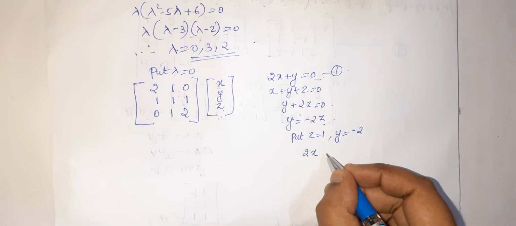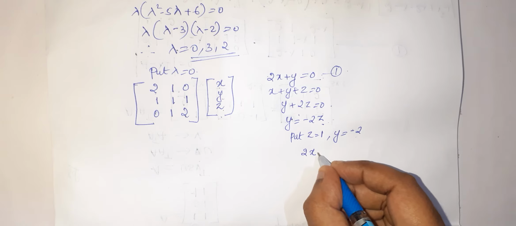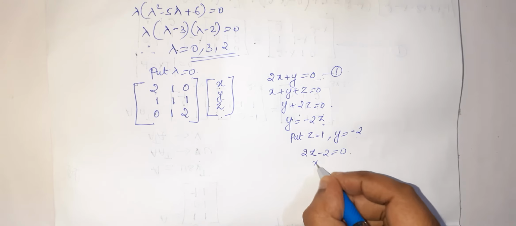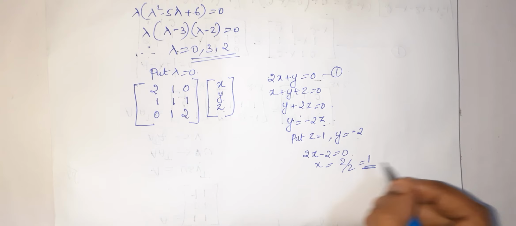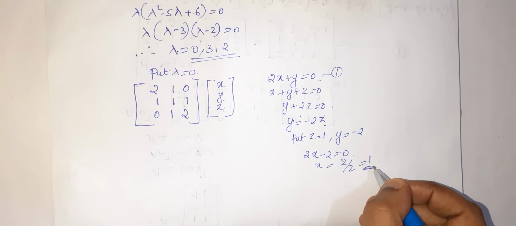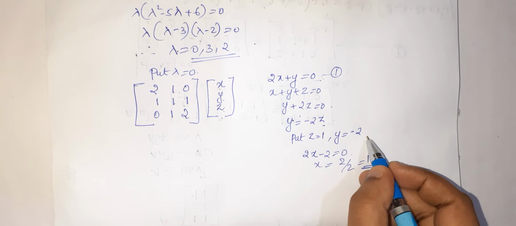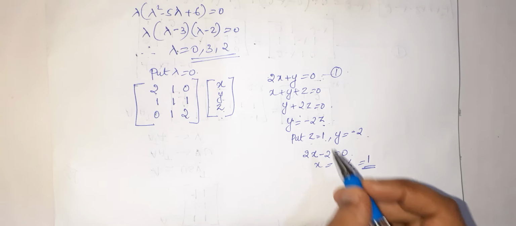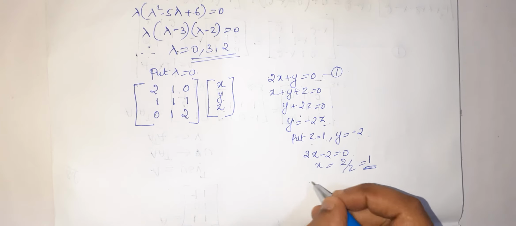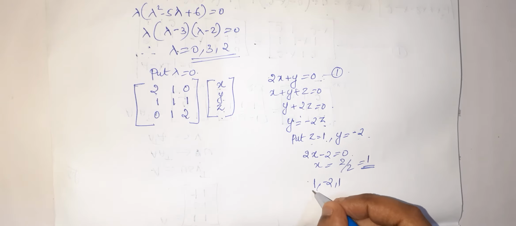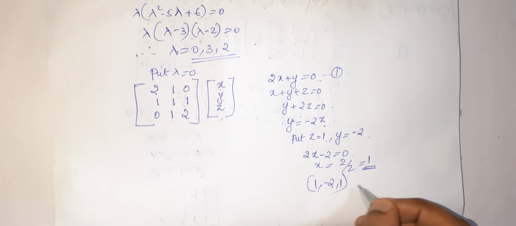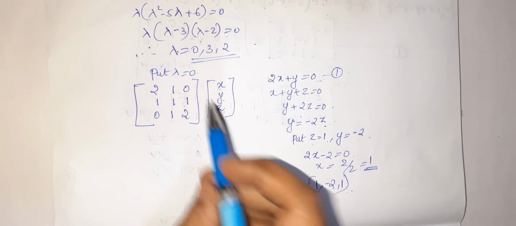Therefore, 2x plus y, where y is minus 2, equal to 0. Therefore, x is equal to 2 by 2, that is 1. Therefore, we have obtained x as 1, y as minus 2 and z as 1. So the eigenvector is 1, minus 2, 1 in place of x, y and z. This will be the eigenvector when lambda equal to 0.